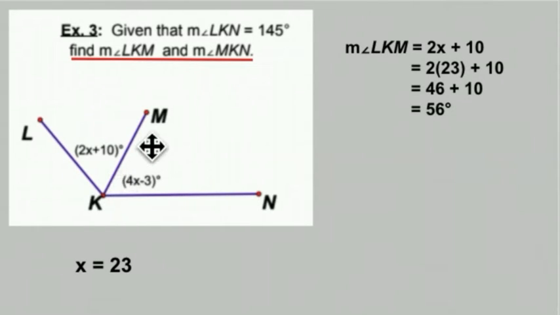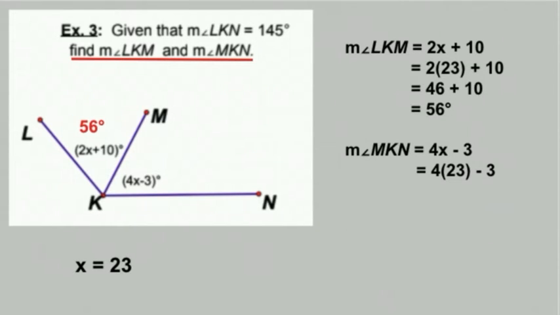To find the measure of angle MKN, I know that's 4x minus 3 degrees. Substitute 23 in for x, and we get that the measure of angle MKN is 89 degrees.